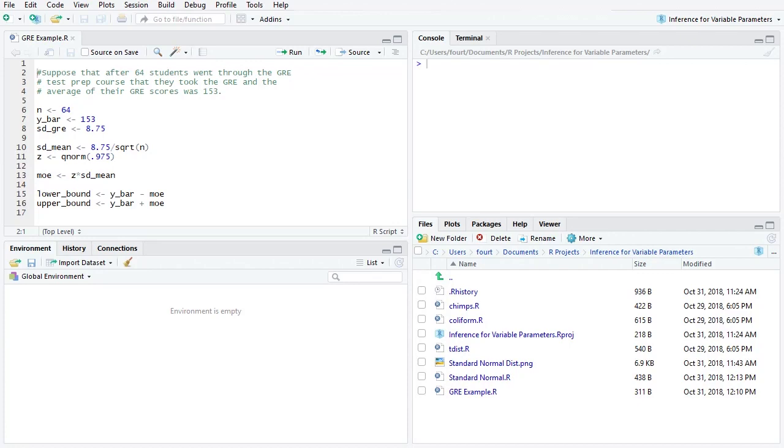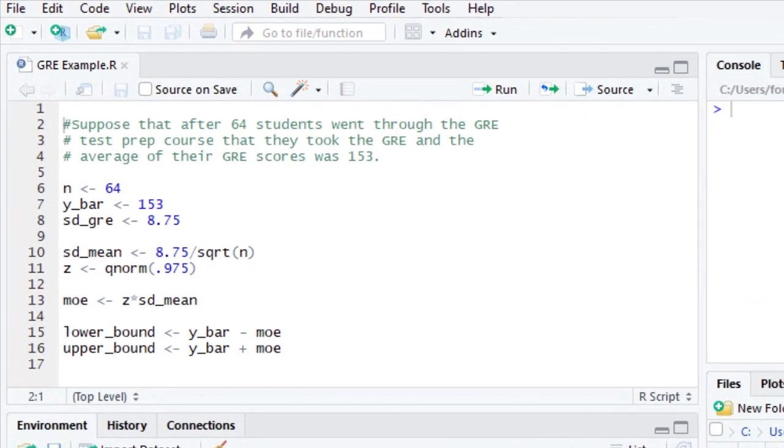I'm going to start by setting variables for the things I know. I know that the sample size is 64, so I'm going to set n to be 64. I know that the mean of the sample, not the population mean, we don't know that, is 153, so I'm going to set y bar to be 153.